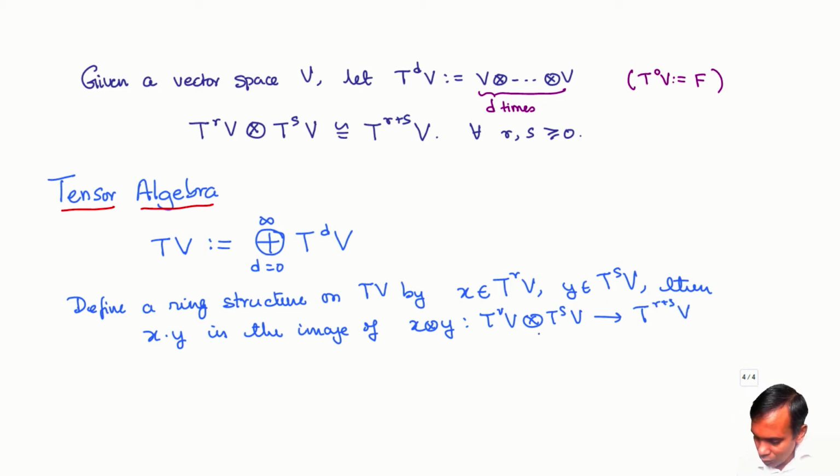This, remember, was an isomorphism. So the image of x tensor y under this isomorphism.